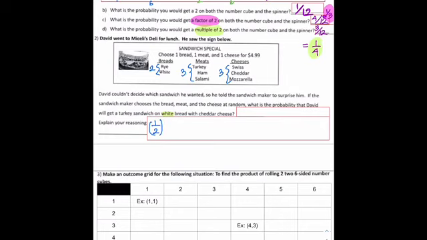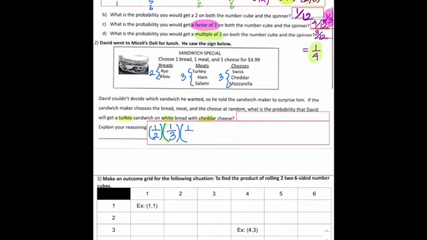And for the meat, turkey, we have 1 out of 3, and times the cheese, we have only 1 out of 3 cheese options. If we multiply these 3 fractions, you will get 1 out of 18. So that's why our answer will be 1 out of 18 for this question.